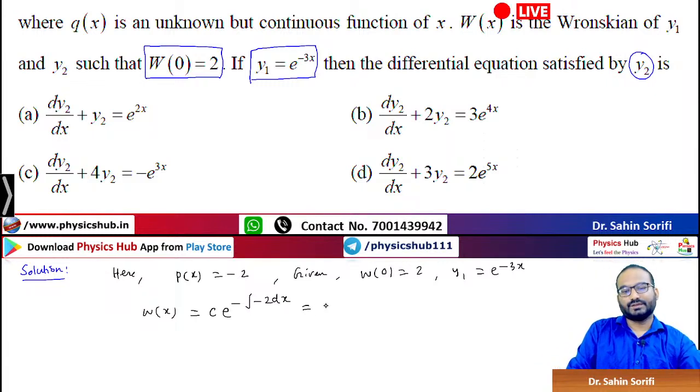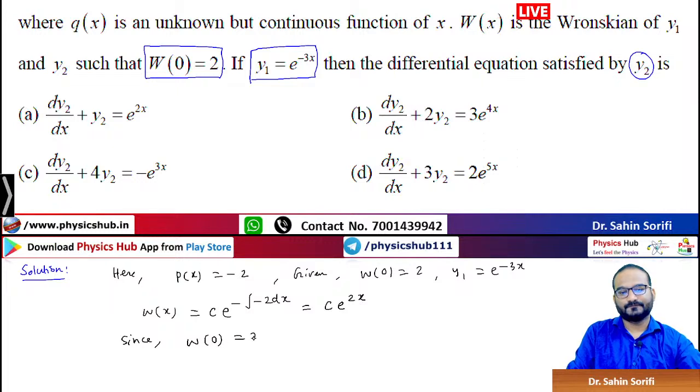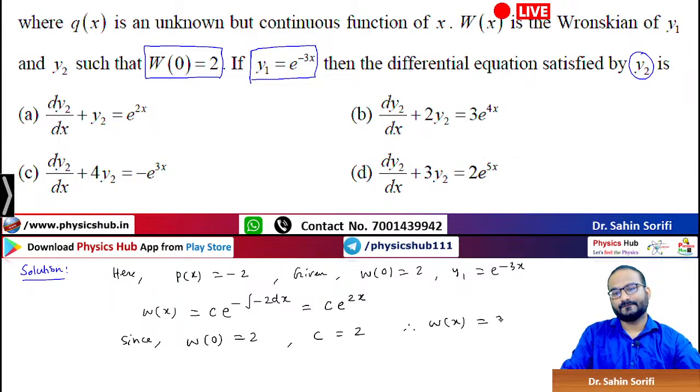So this is giving you c e to the power 2x. Now we can use the initial condition W at x equals 0 equals 2. It means c is equal to how much? 2, and W is equal to 2 e to the power 2x. Is that clear?